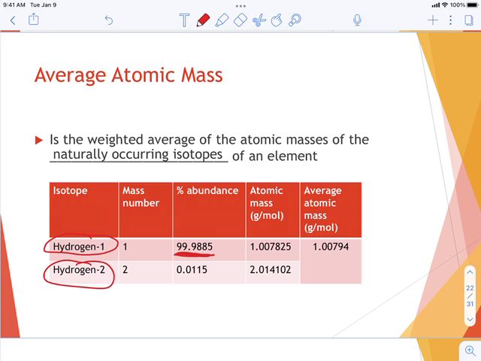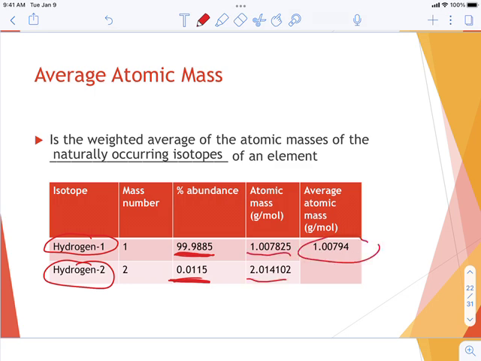Hydrogen 2, very little in the world. I believe hydrogen has 3 isotopes. I'm not entirely sure. I don't know why only 2 are shown. I could be wrong. But some elements have 7 isotopes or 8 isotopes. It just depends. And then you have this atomic mass for each isotope, which you'd also be given.